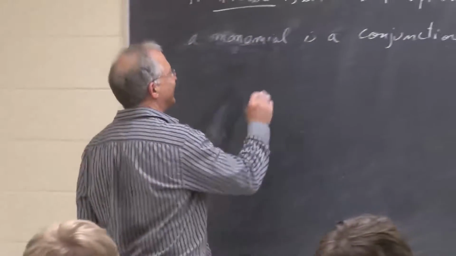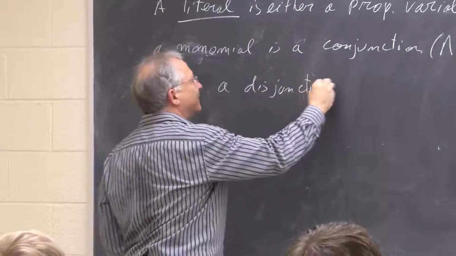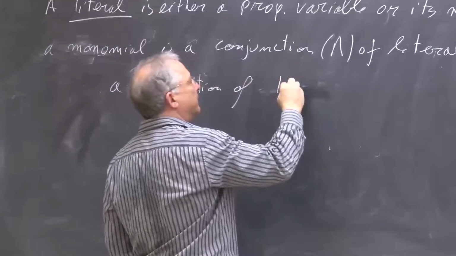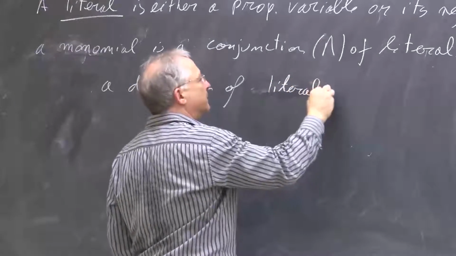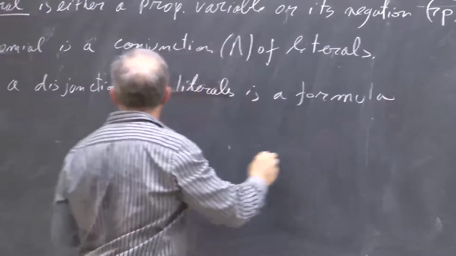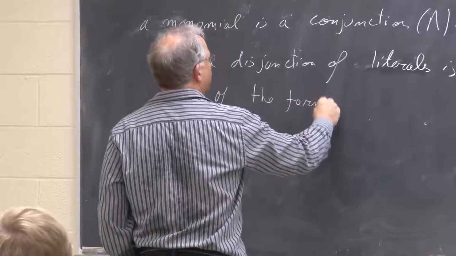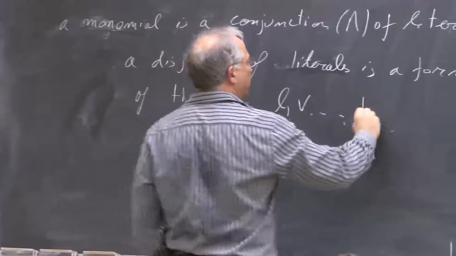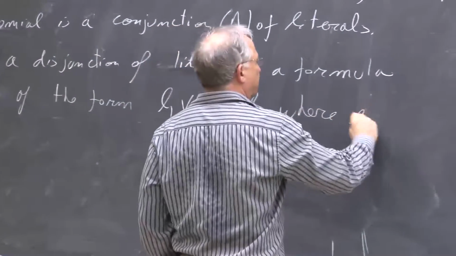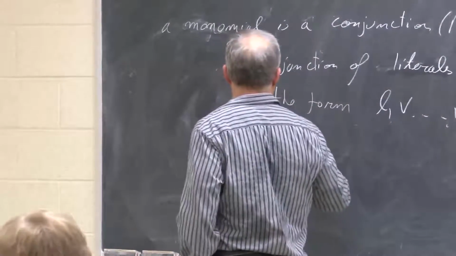We'll also consider the disjunction of monomials, of literals, is a formula of the form L1 or ... or Lk, where each Li is a literal.